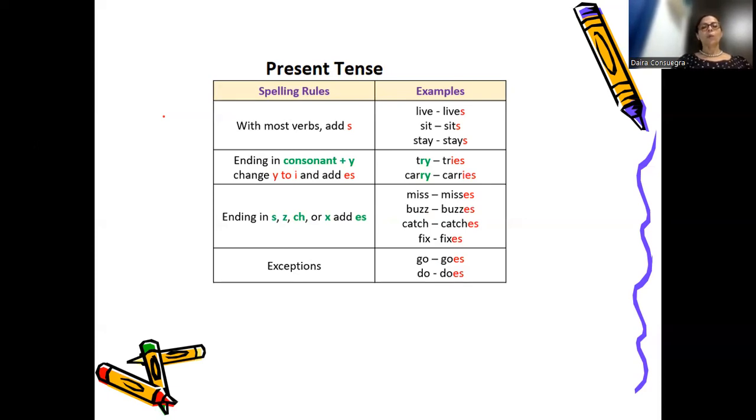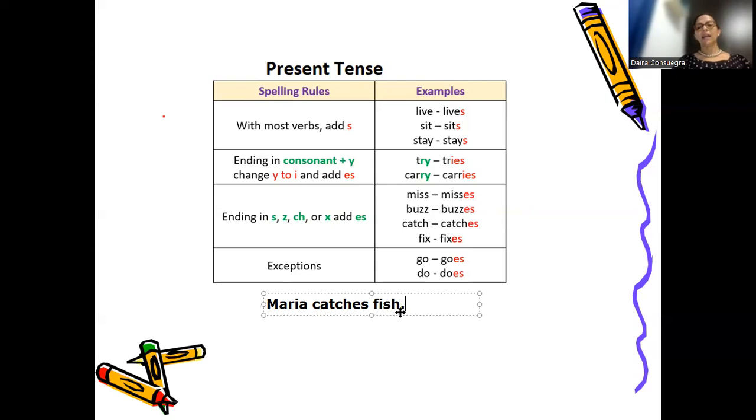Then we have another rule. The verbs that end in S, X, or other similar endings, they add es. For example, miss, misses, buzz, buzzes, catch, catches, fix, fixes. So depending on the ending, you're going to add es. Let's say Maria catches fish.